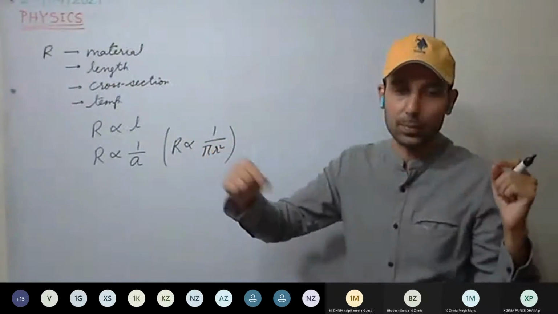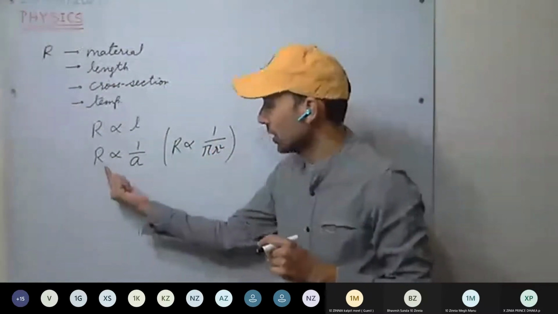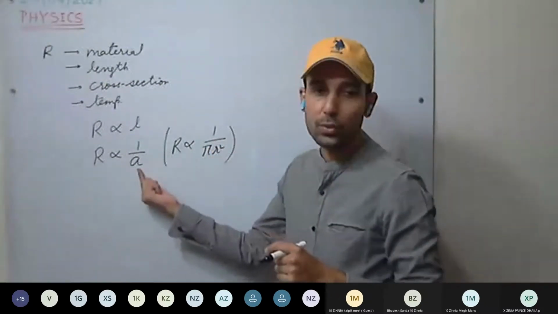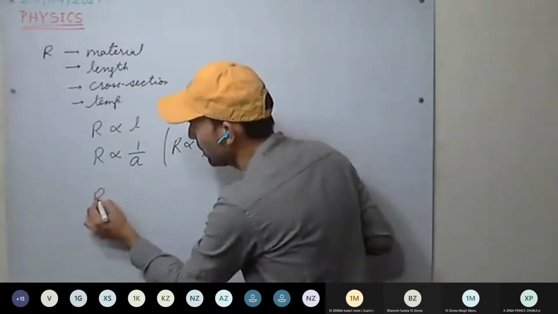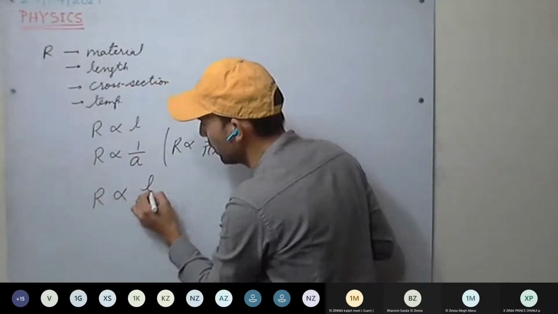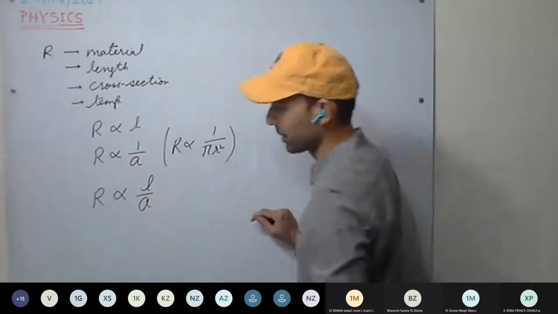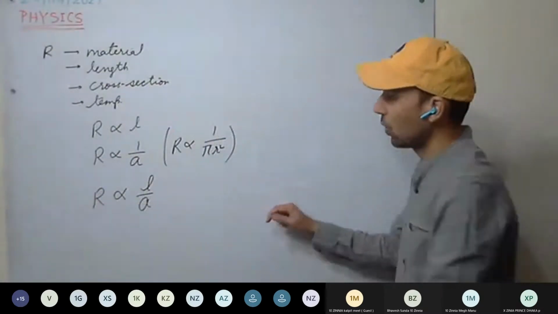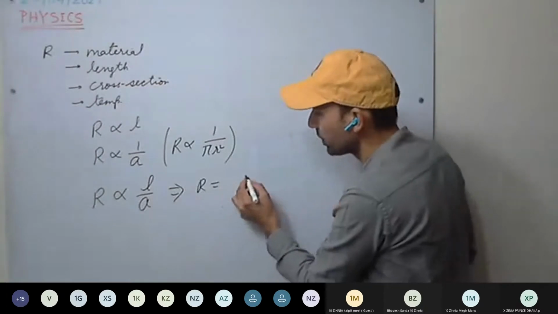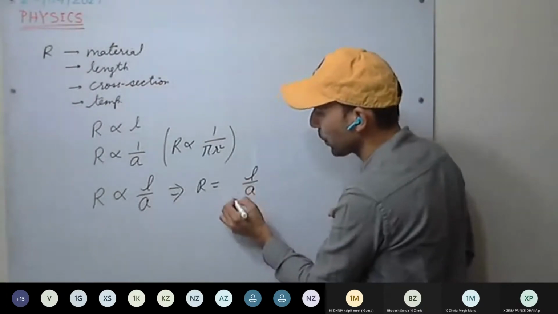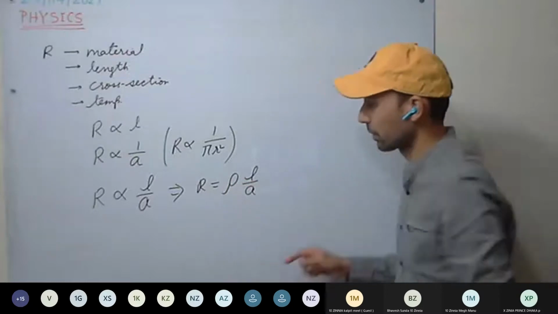Mainly it is a circular cross section. Now if we combine them, resistance is proportional to L upon A. Or we can write it as R equals rho L upon A, where rho is a proportionality constant.